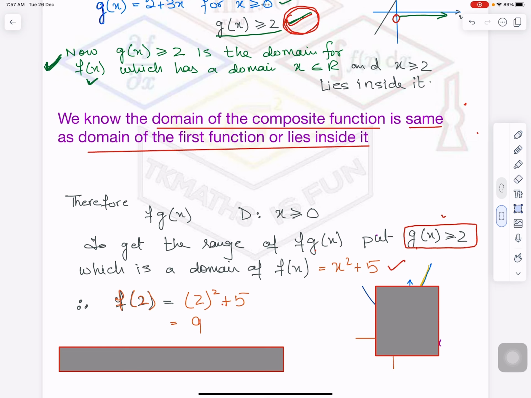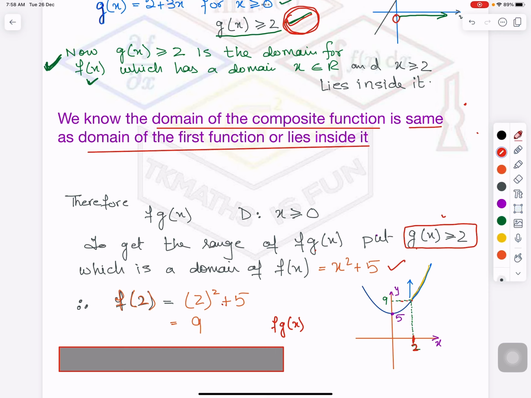So now I will see whether this will be the range of my composite function or not, right? For that, you need to have an image of the sketch. If you cannot visualize, you can draw it here. So function f is x squared plus 5, and this is the sketch I have given to you here. The turning point is 0, 5.